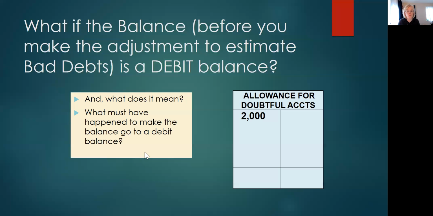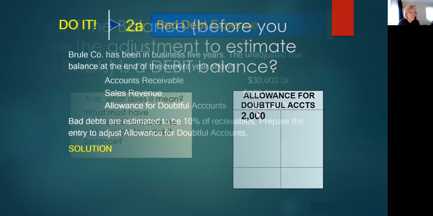And if we write off more bad debts than we had set aside in the credit balance, then we're going to go debit. And we have to fix it right away. So in this example that I gave you on Monday, we said, let's say right before you adjust and make that periodic estimate for bad debts, you have a debit balance here.